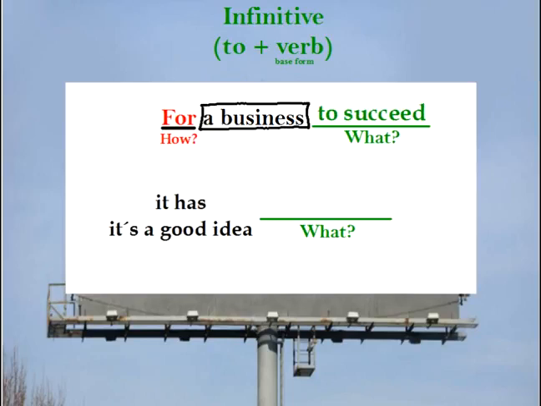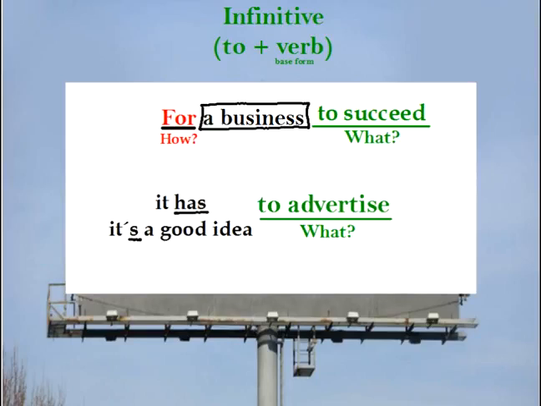So for a business to succeed, it has, or it's a good idea, and the infinitive. It has to advertise. It's a good idea to advertise. There's that verb have, and I use that often with the infinitive. Or it's a good idea. There's my verb to be, which I often use with the infinitive.